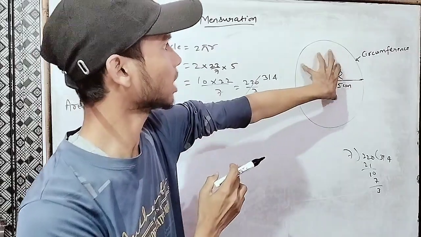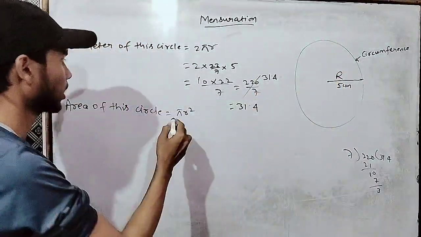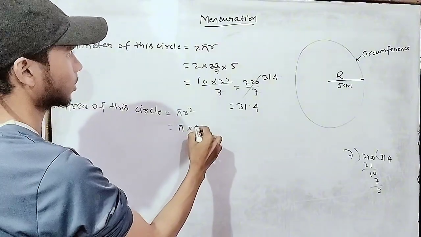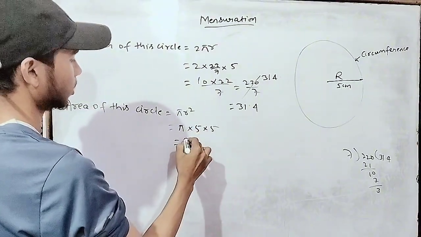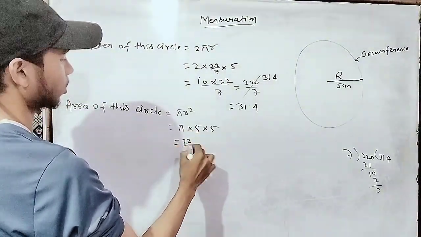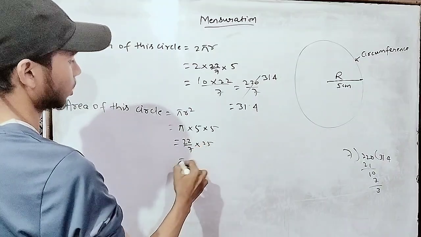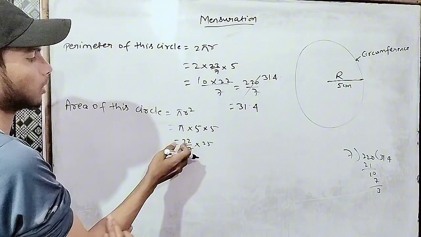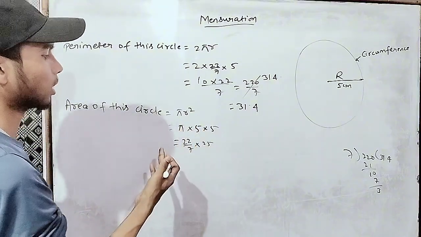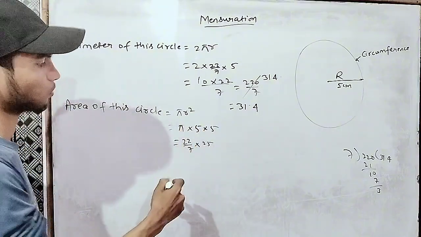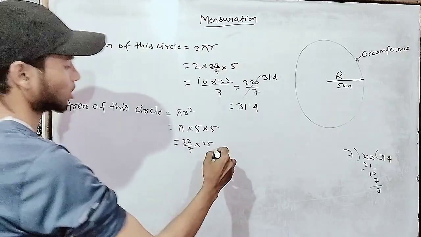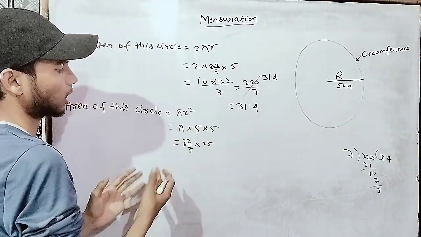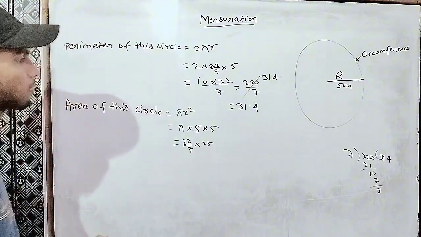To find this area, we apply this formula: pi times r times r, so multiply 22 by 25 and then divide by 7.